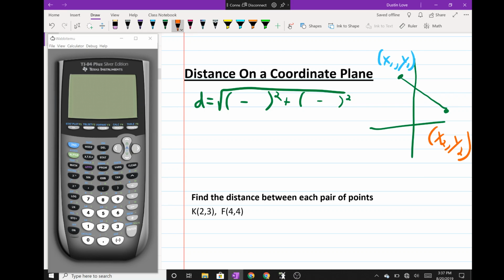It's the square root of x2 minus x1 squared plus y2 minus y1 squared. Now that formula is actually not quite as scary as it looks as long as you do it one small step at a time.